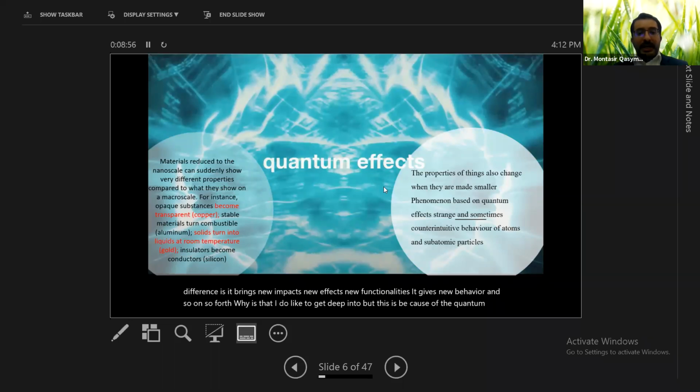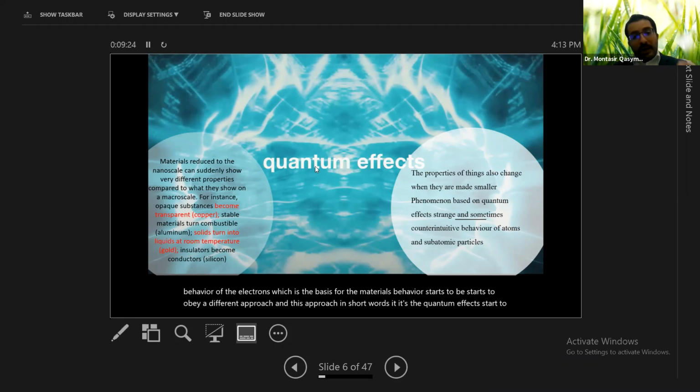Once you confine the physical material into a dimension comparable to the atomic dimensions, which is nanos and subnanos, the behavior of the electrons, which is the basis for the material's behavior, starts to obey a different approach. In short, quantum effects start to appear.